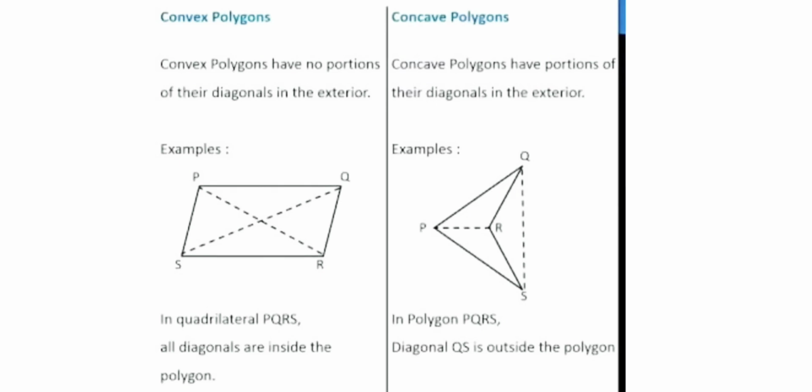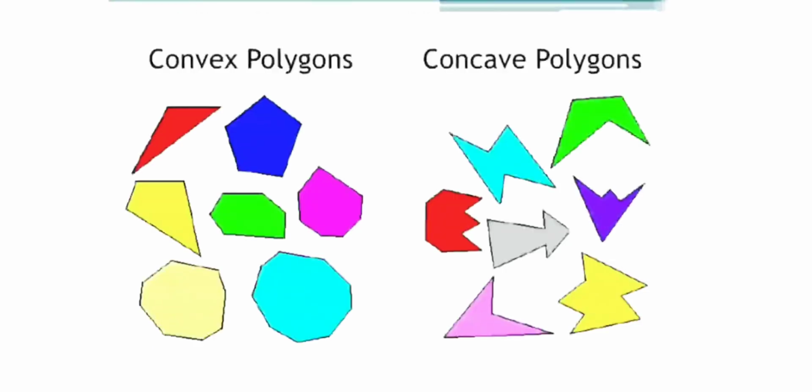And on the right hand side, the diagonal PS lies on the outer side, so it is a concave polygon. If at least one diagonal lies on the outer side, that polygon is called a concave polygon. And in a convex polygon, all vertices are on the outer side and diagonals are on the inner side.